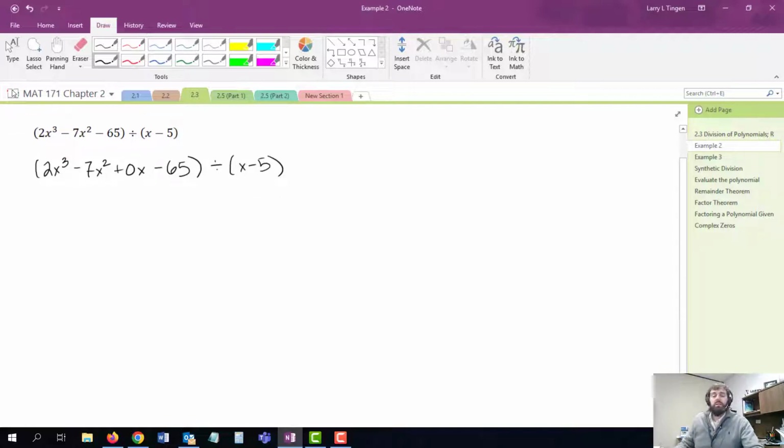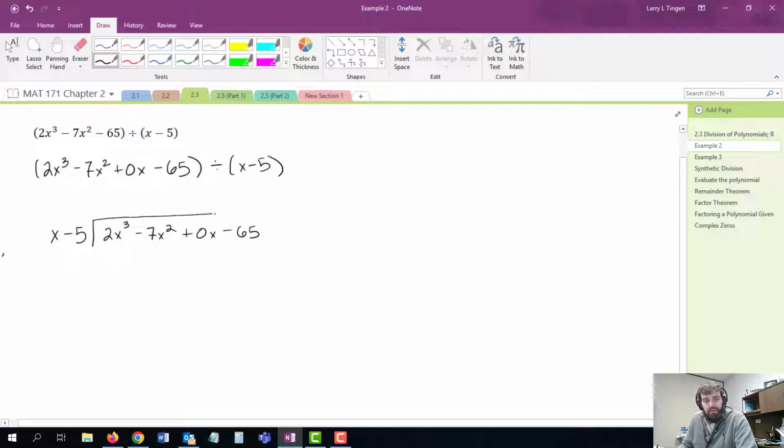All right, so set it up. What do I have? X minus 5 divided into 2x cubed minus 7x squared plus 0x minus 65.